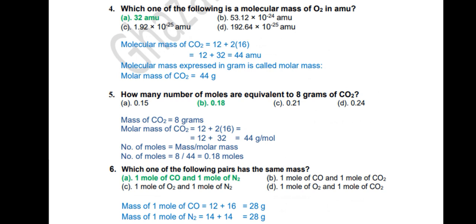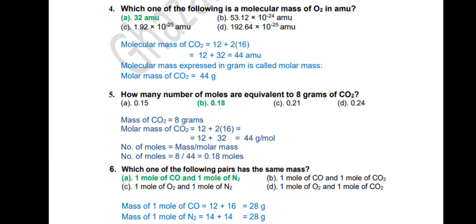The molar mass of carbon dioxide you can find as we discussed in MCQ number 4: 16 multiplied by 2 plus 12, that is equal to 44 gram per mole, that is the molar mass. So divide the mass in gram by molar mass, that is equal to 0.18 mole. So option B will be correct.